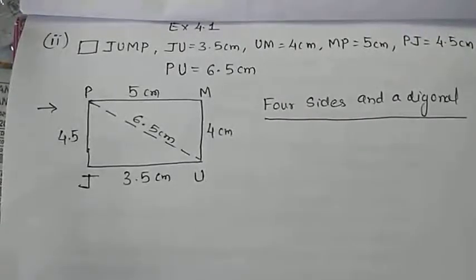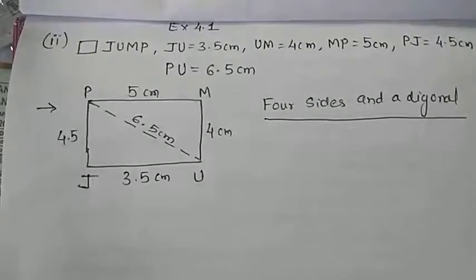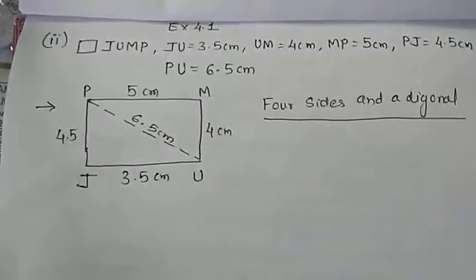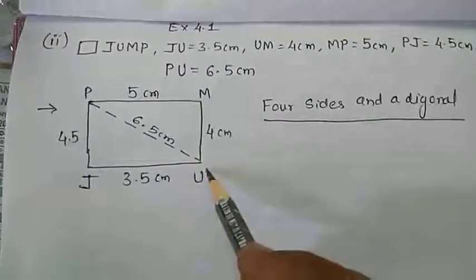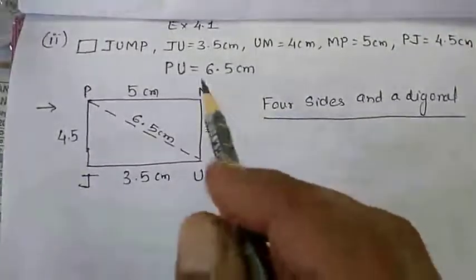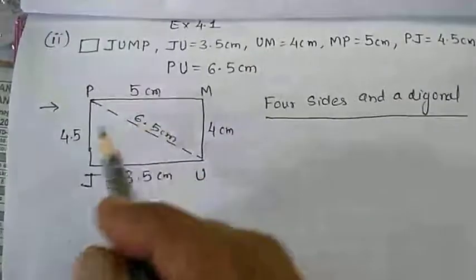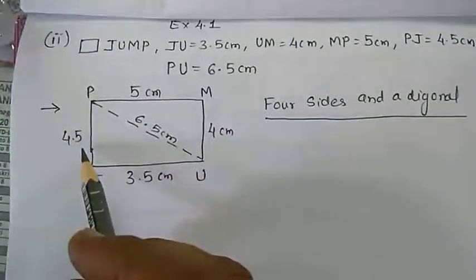Now using the set square, compasses, scale, we will first of all draw the figure and then we will start with steps of construction. Here you will see a rough sketch of quadrilateral, that is JUMP, in which you will find JU 3.5 centimeter, UM 4 centimeter, MP 5 centimeter and PJ 4.5 centimeter.